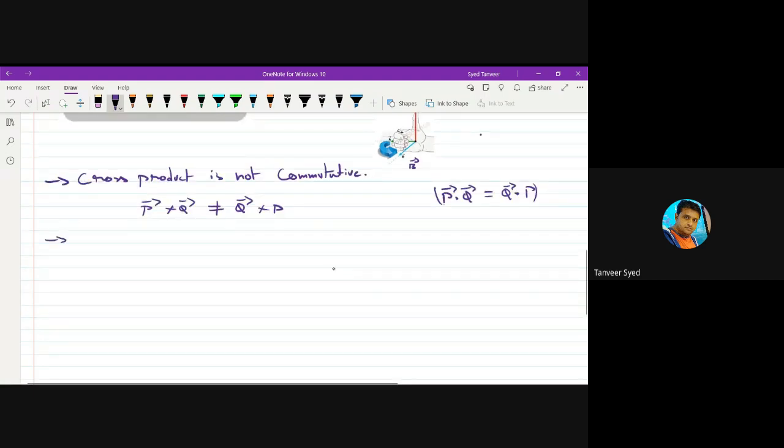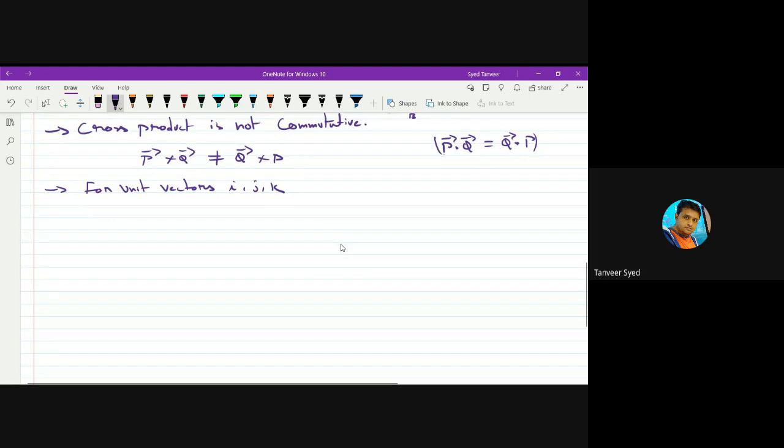Next, for unit vectors i, j, k, what will be their cross product? Listen carefully.